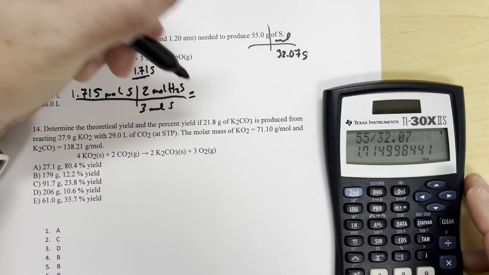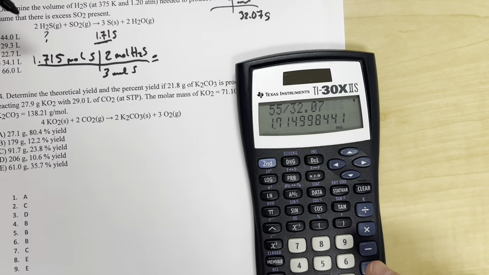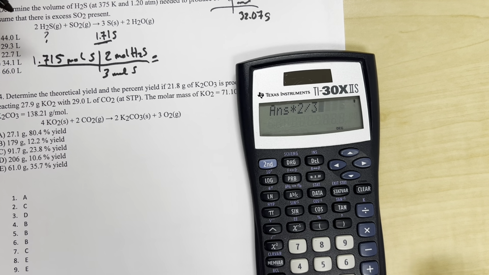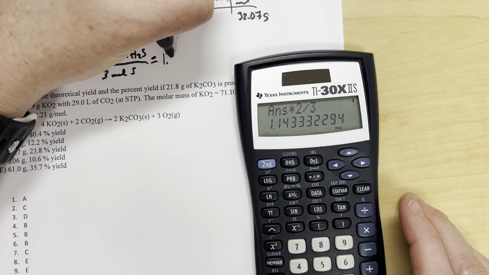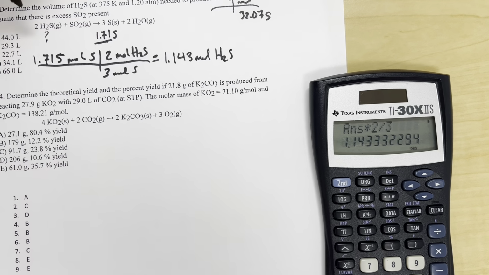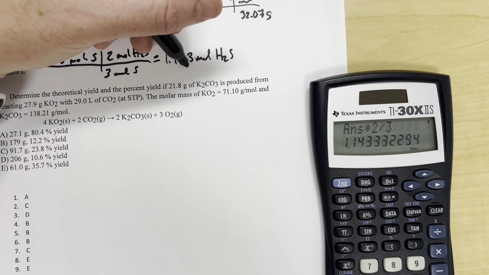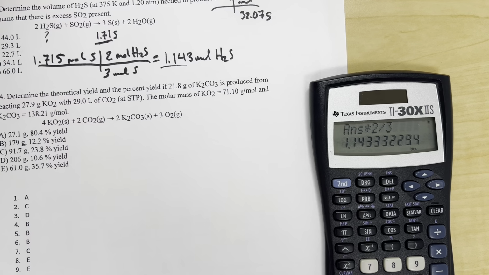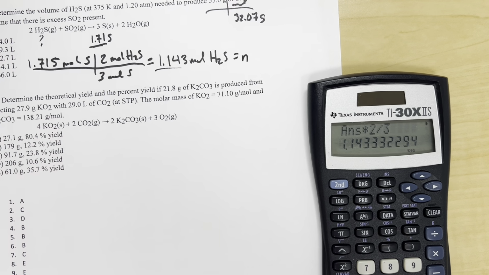And that would give us our n for H2S. So I'm just going to keep the number I had in there, times 2, divide by 3, and I get an answer of 1.143 mole of H2S. Okay, and that would have 3 sig figs. This is how many moles of H2S we have. In other words, that's our n.